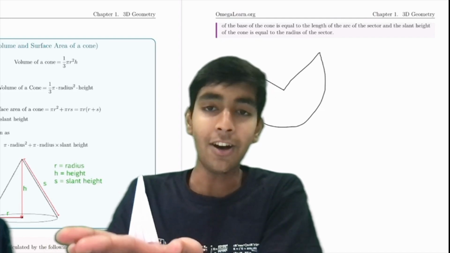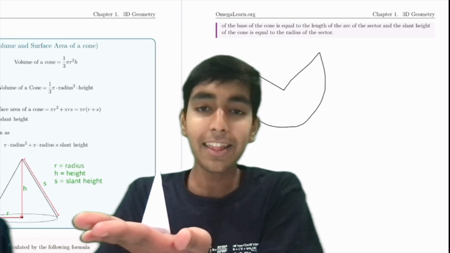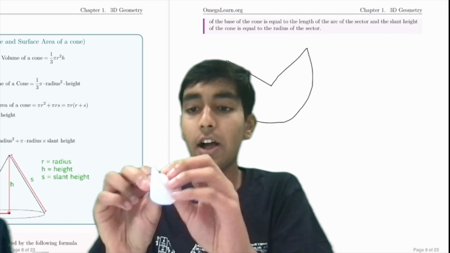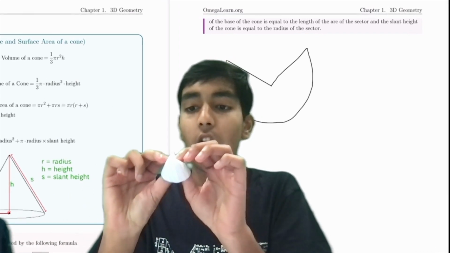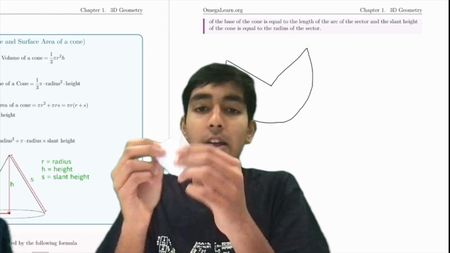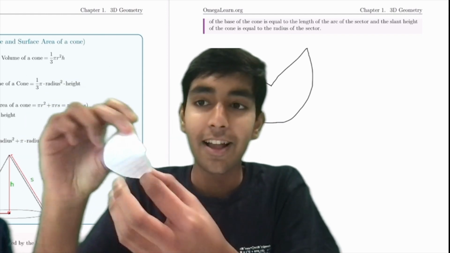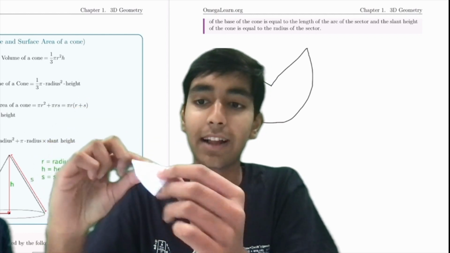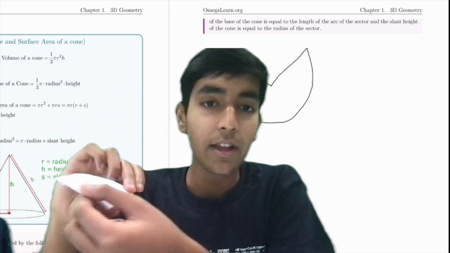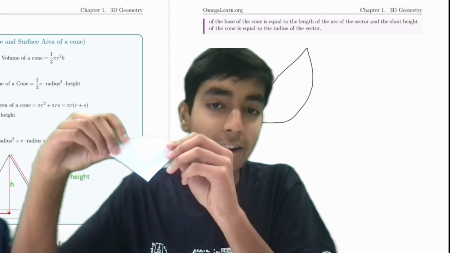This is a cone, as you can see, or at least my best attempt to make one. And notice what happens when I unfold it along its edge. Along this edge, I'm going to just slowly unfold the cone. It forms a sector. So essentially, when you put these parts of the sector together, they form a cone, and when you unfold that cone, it forms a sector of a circle.